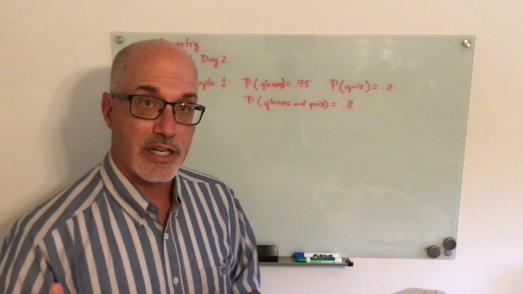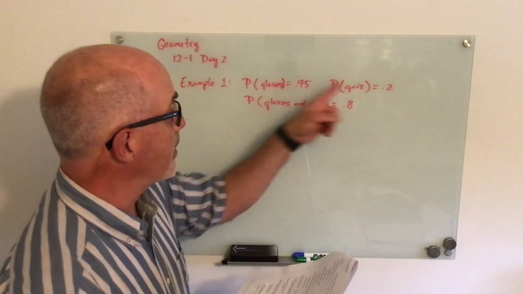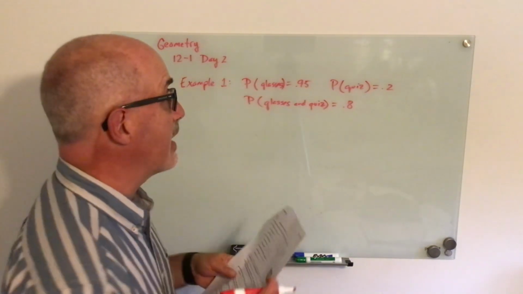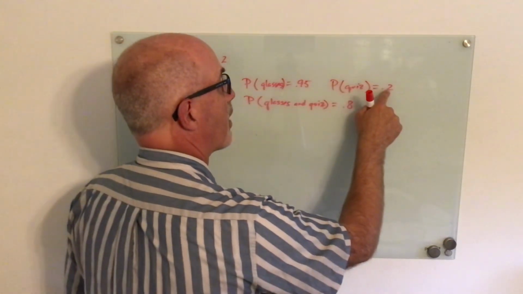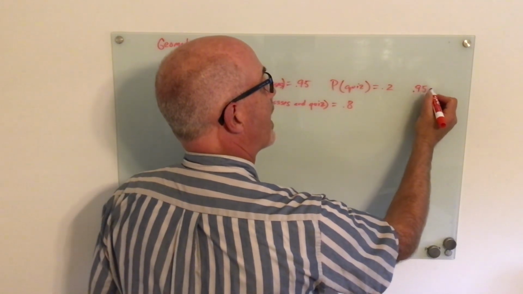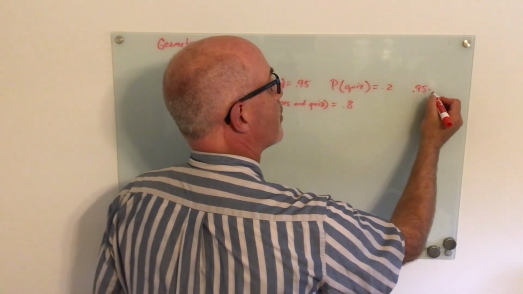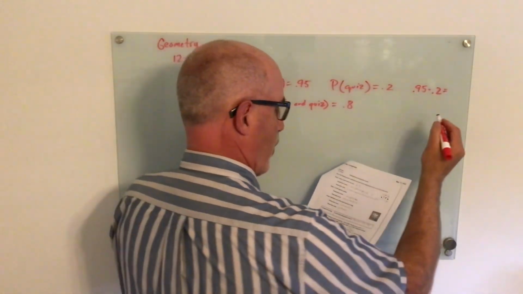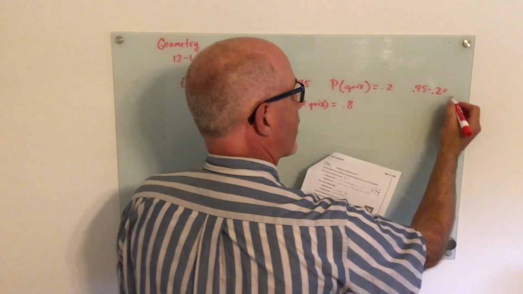Let's see if these are independent. Now we know the probability of them individually, and we know the probability of them together. How we determine whether they're independent is we multiply these two. So if we take 0.95 and multiply by 0.2, what you get when you multiply those together is 0.19.